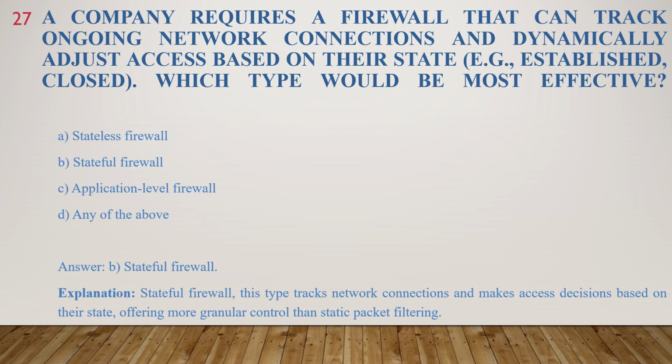While capable of deeper inspection, their primary focus is on application protocols and content, not necessarily individual connection states. They might provide some level of stateful functionality, but it's not their core strength. Stateful firewalls. As the name suggests, they track the entire connection state, including initiation, data transfer, and termination. This allows them to dynamically adjust access based on the current state, established, closed, etc.